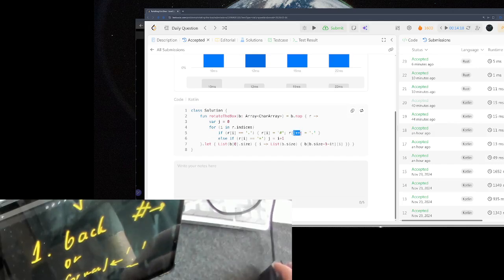That means if your pointers are close enough or pointing at the same position, your hashbang will be overwritten with a dot, so it wouldn't put any extra hashbang in your input. And for the star, it's the same idea.